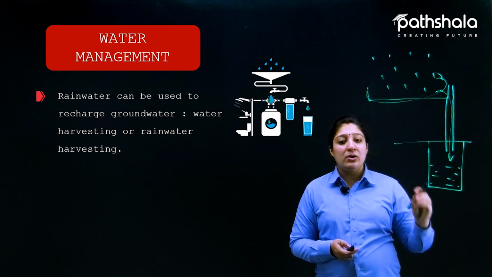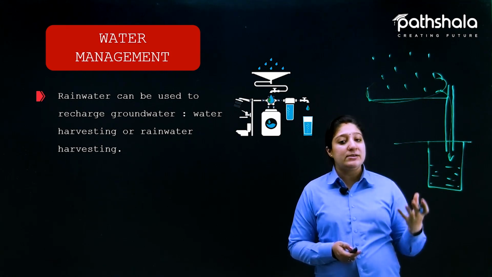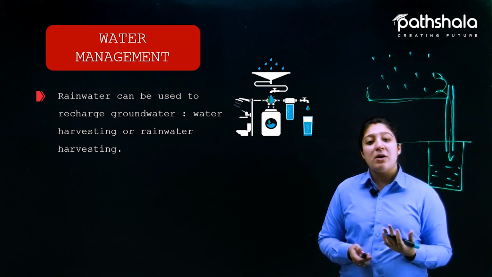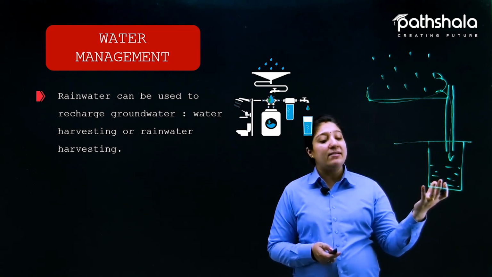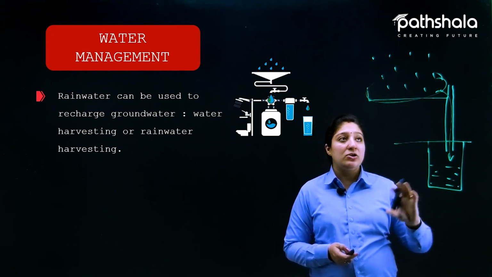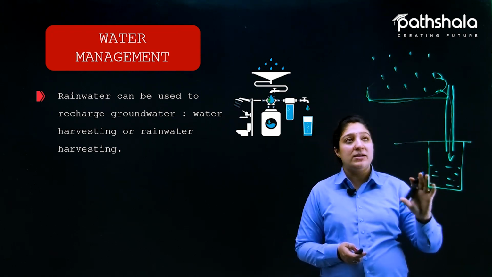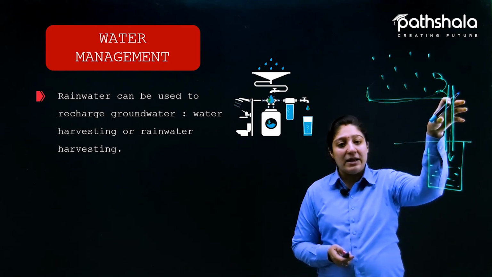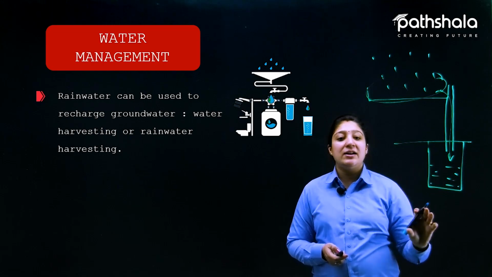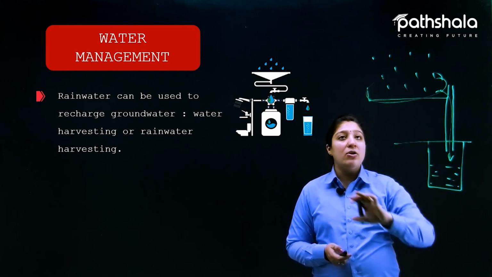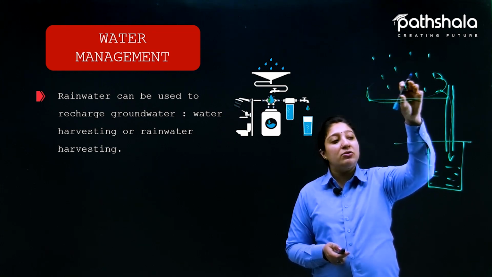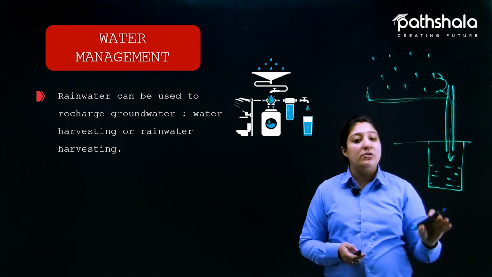Many people, or many buildings and societies, do this so that more water can be obtained for their useful activities. So that is how rainwater is harvested. The roofs are connected with pipes. Now these pipes are connected to well-like structures which are dug down into the ground, and all the water collected on the roofs gets collected into these wells.